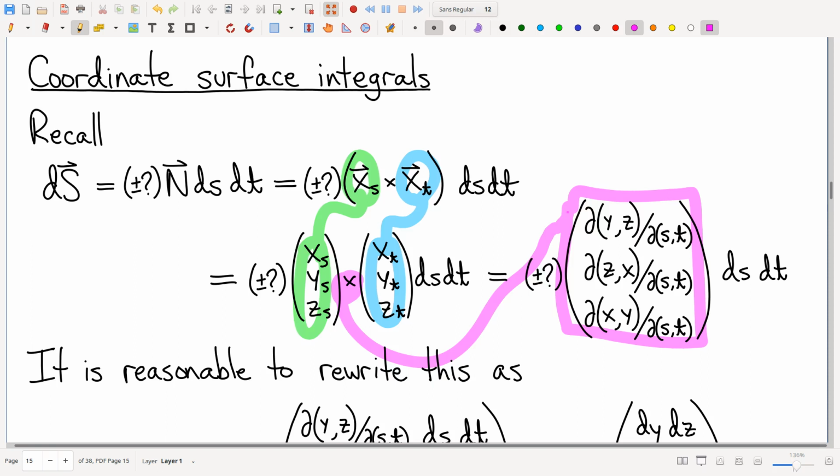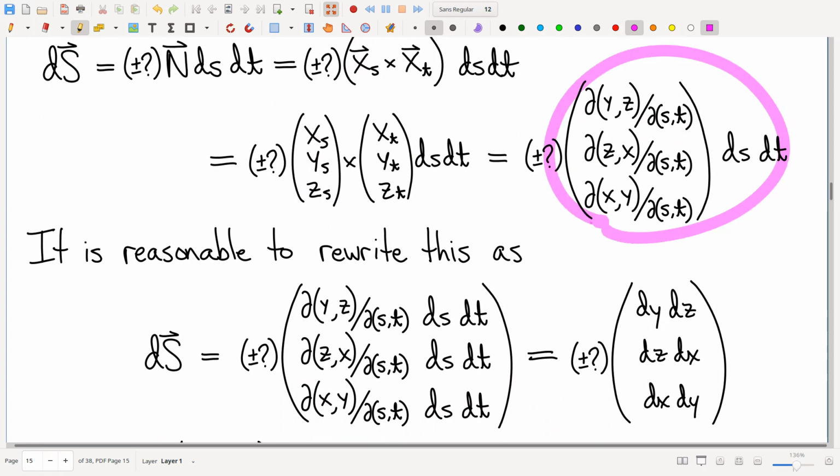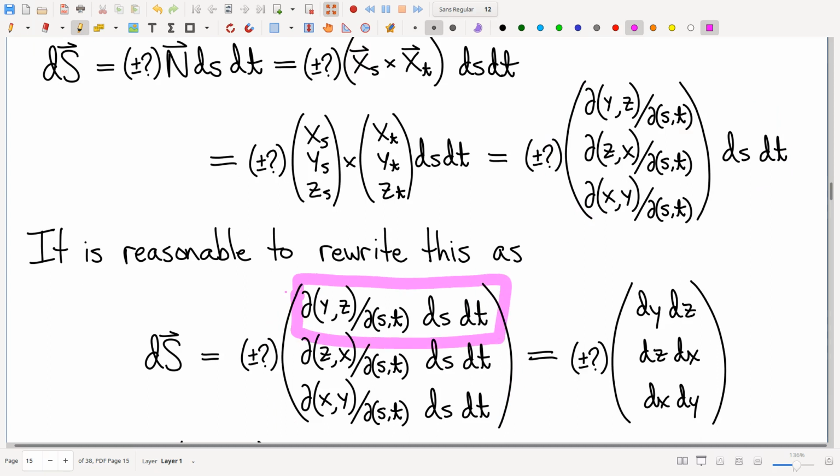But what you can do with that, as we have further down here, you can distribute the ds dt, and then you can look at these coordinates one at a time and recall that, I mean, we've already seen this kind of thing before.